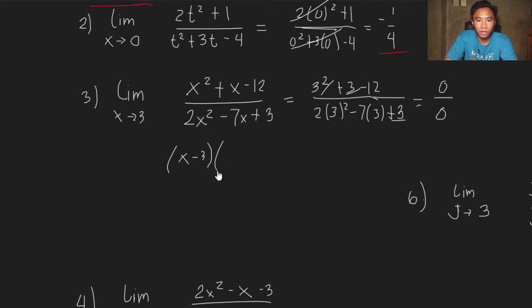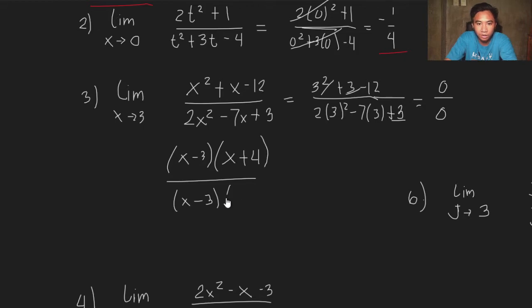And then sa baba din, x minus 3. So, isipin natin, ano nga ba yung i-multiply natin para makabuo tayo ng negative 12? Siyempre, 4 yun, kasi 4 times negative 3 is negative 12.